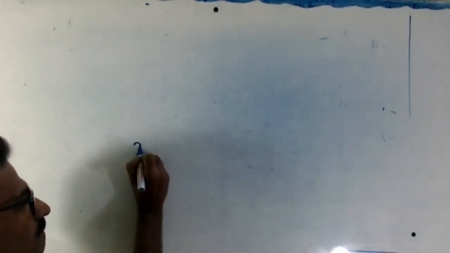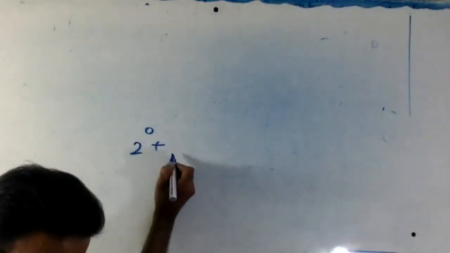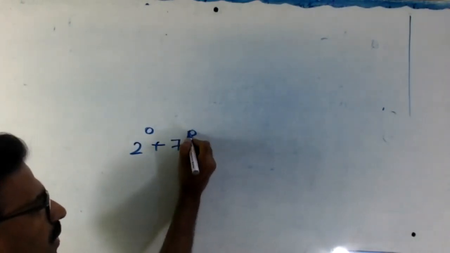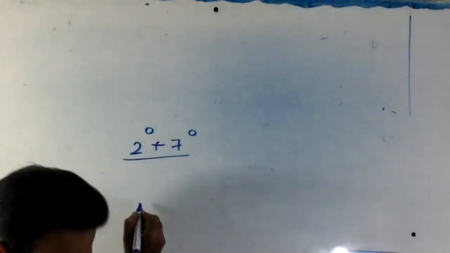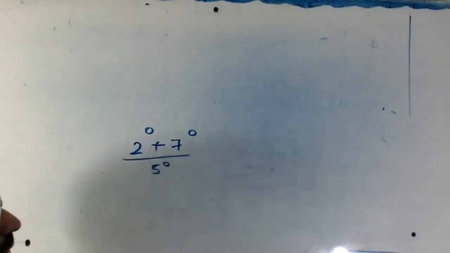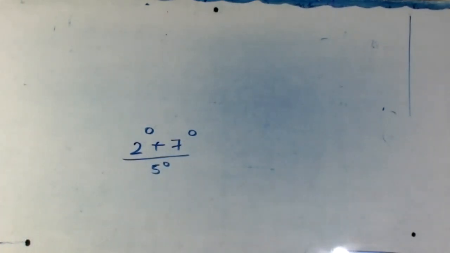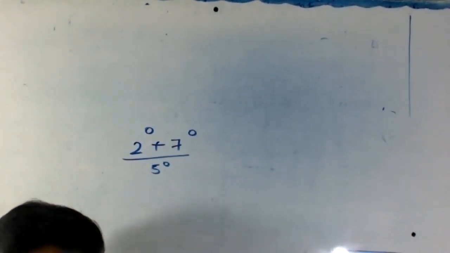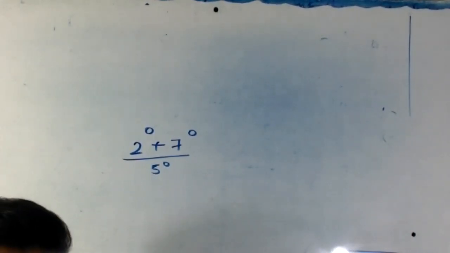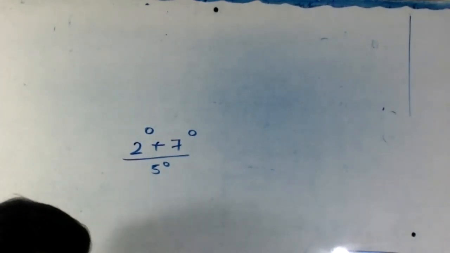Next one: 2 raised to 0 plus 7 raised to 0 divided by 5 raised to 0. Find out. Do it now.